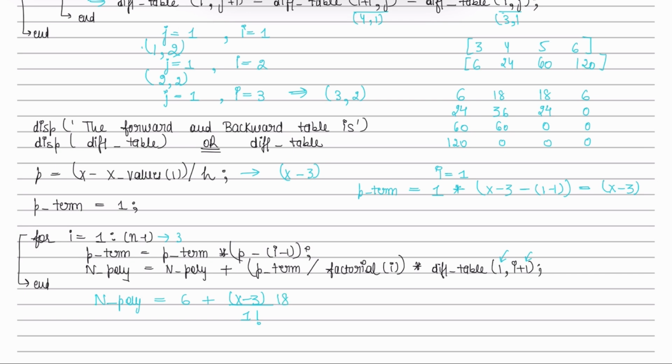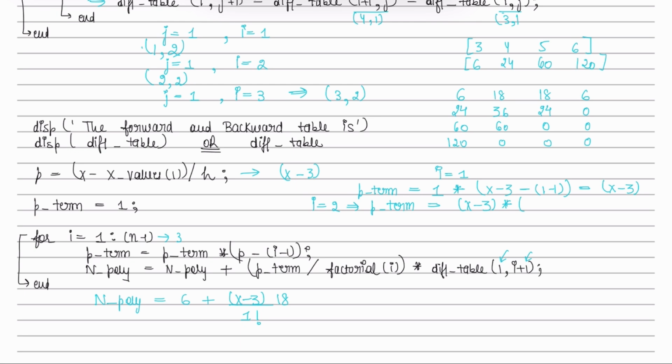When the value of I is updated to 2, the p term value will be x minus 3 into p value minus I minus 1.